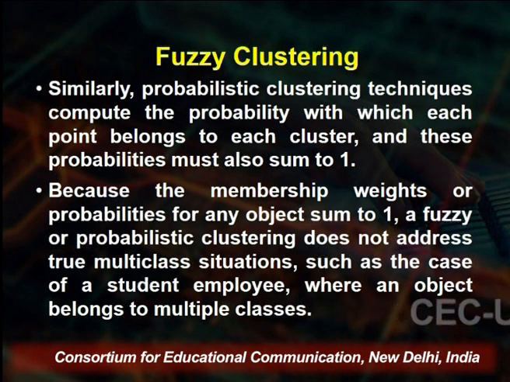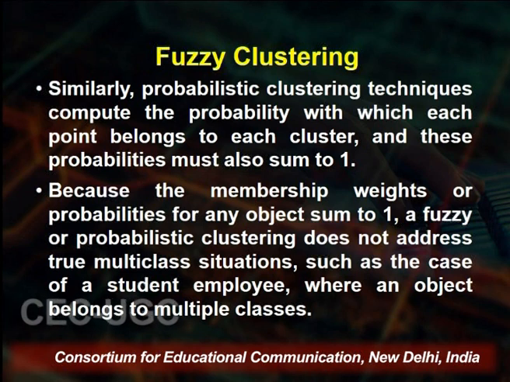So therefore a fuzzy or probabilistic clustering does not address a true multi-class situation. A multi-class situation is where we know that a person is both a student and an employee.